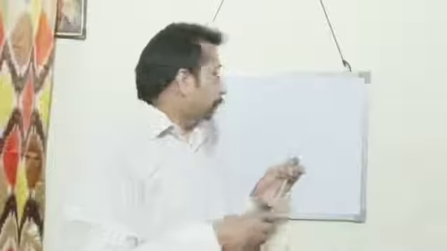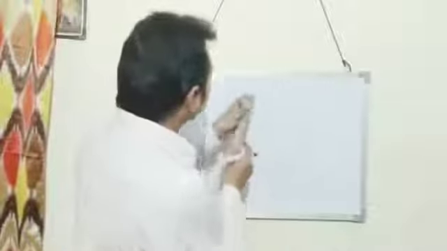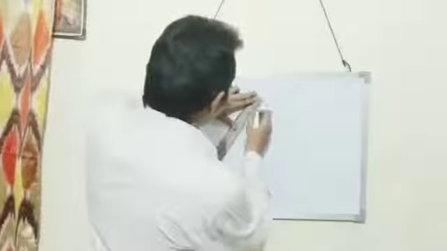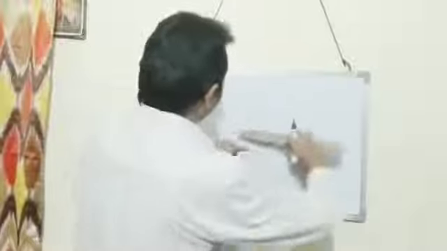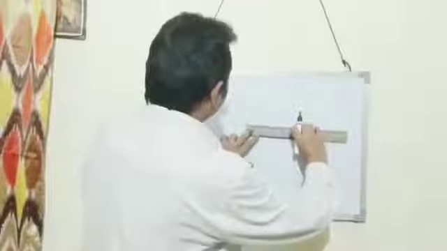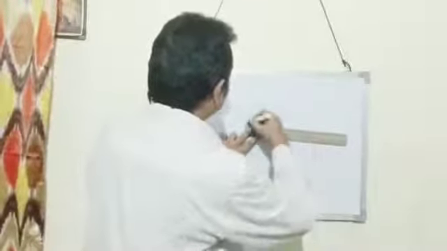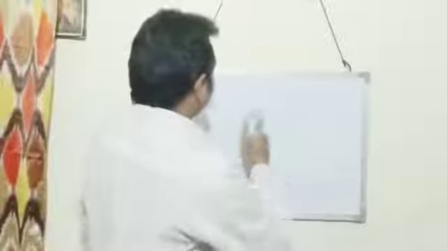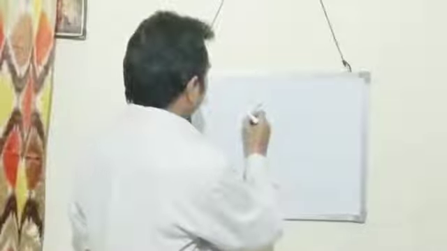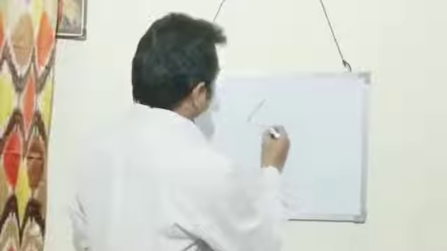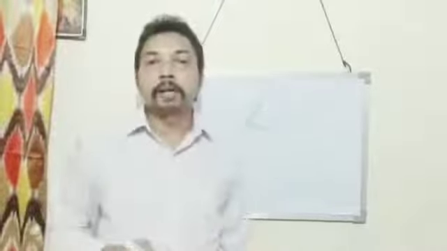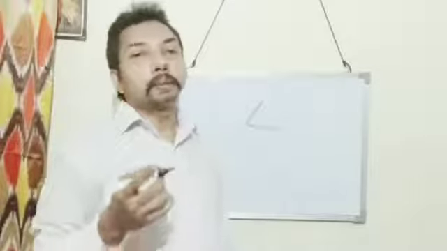Suppose I have 2 mirrors. This is one mirror and this is another mirror. When we keep an object in between the mirrors, a number of images can be formed.